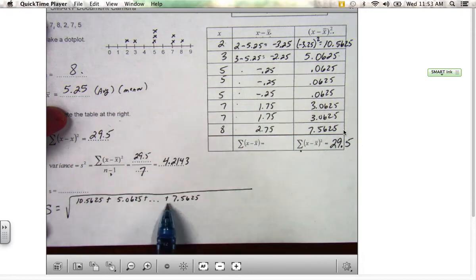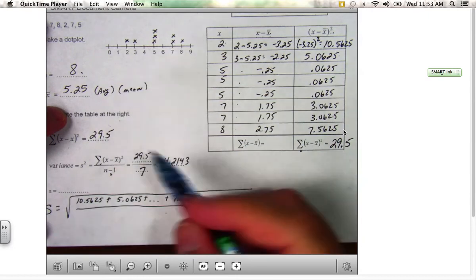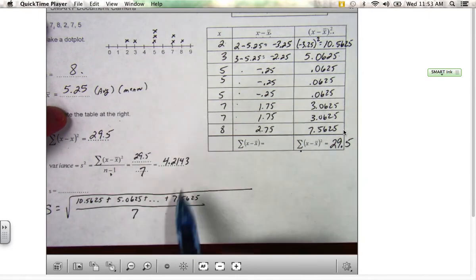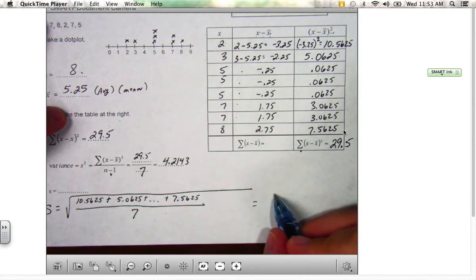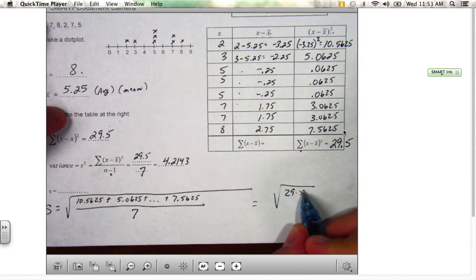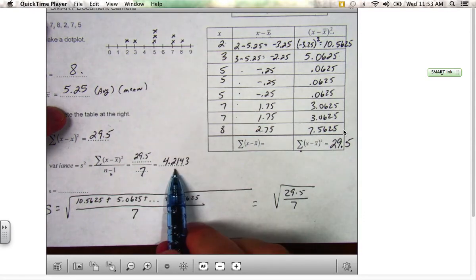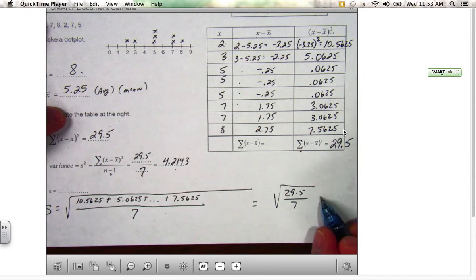Notice I abbreviated it, but I would have to add all those together, and then divide by n minus 1, which was that 7. I've already added these together, so this is the square root of 29.5 divided by 7, which I've already calculated as the variance. So I have the square root of 4.2143.